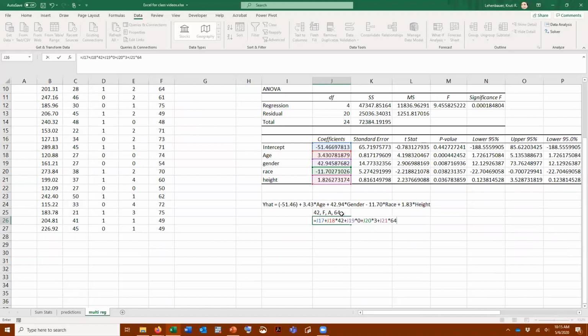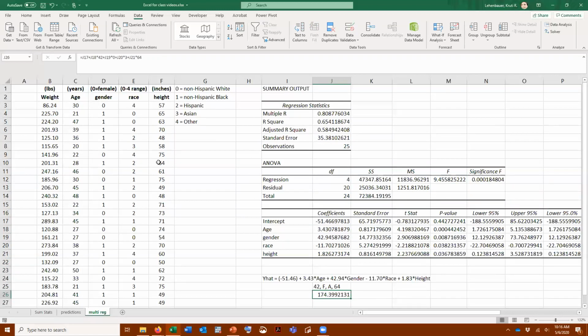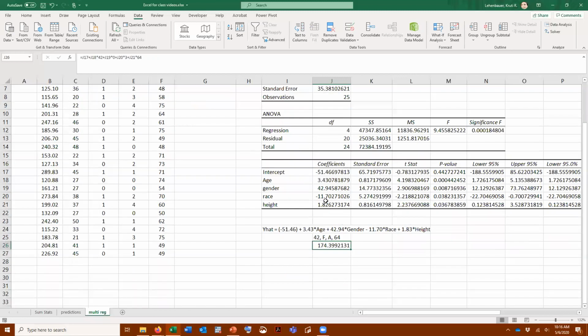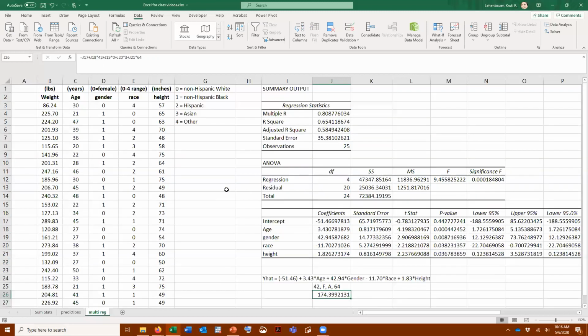Enter that in and hit the enter button. The person is expected to be 174.399, roughly 174.4 pounds in weight, based on this regression. So this is how we use multiple regression.